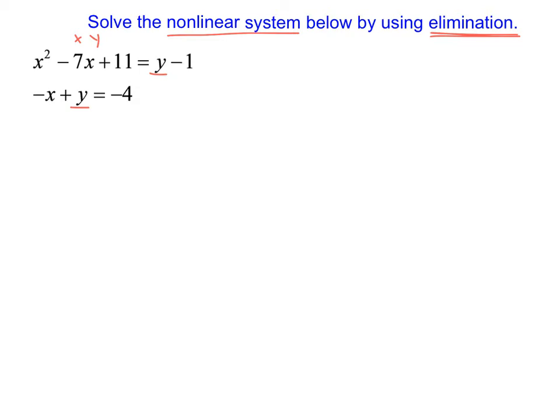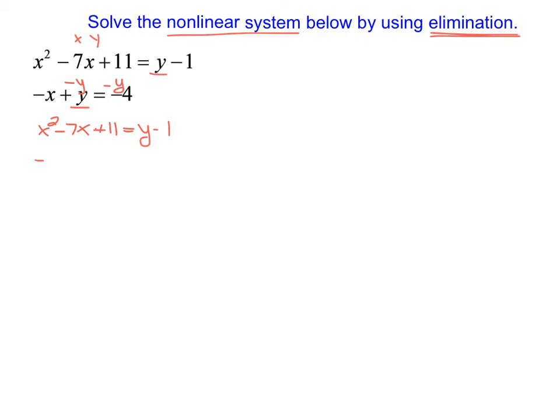Because these y values are on different sides of the equation, we have to start off by moving one of them so that they're either both on the right or both on the left. It doesn't matter which one we move, so I'm just going to move this second one to the other side. It just matters that they're on the same side. So here we have x squared minus 7x plus 11 equals y minus 1.